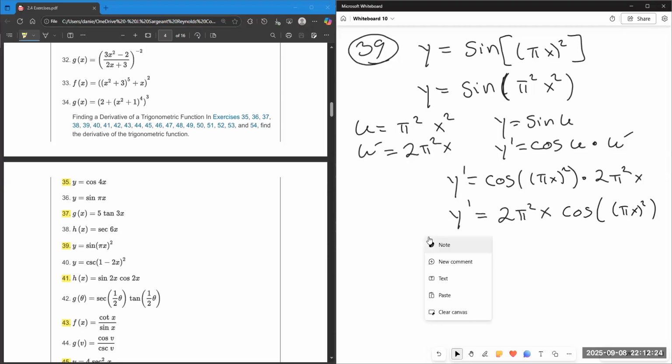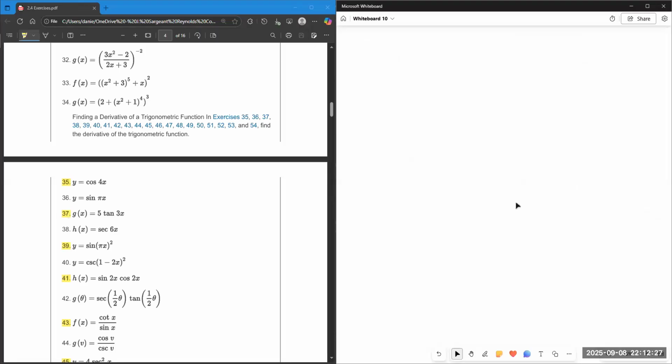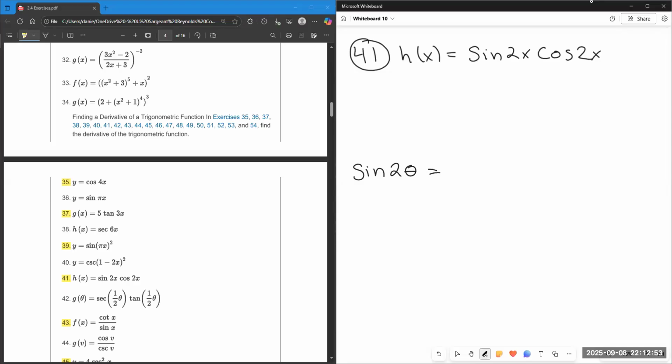Let's look now at number 41. 41 says h of x is equal to sine of 2x cosine of 2x. I'm going to simplify this quite a bit here. Remember sine of 2 theta is equal to 2 sine theta cosine theta.